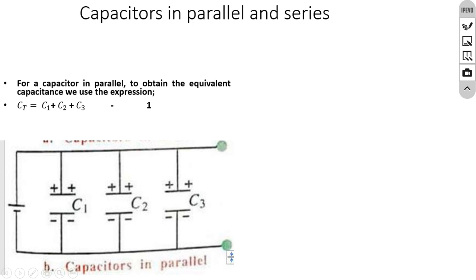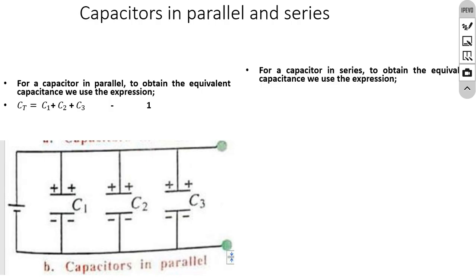But the sentence here says that if we have capacitors in parallel and we are asked to find the equivalent capacitance, then we use this expression. So please note it. The expression for capacitors in parallel is not the same as the one in series. So let's look at this other one.